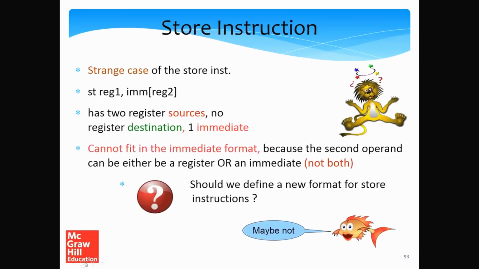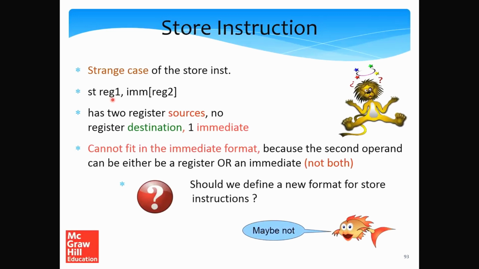Let us now discuss the slightly strange case of the store instruction. Hopefully after the end of this slide, readers will appreciate some of the trade-offs that need to be made by computer architects to ensure that their hardware is simple and everything remains elegant. In the store instruction, we actually have 2 sources.